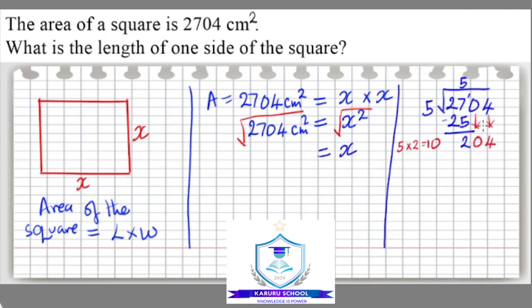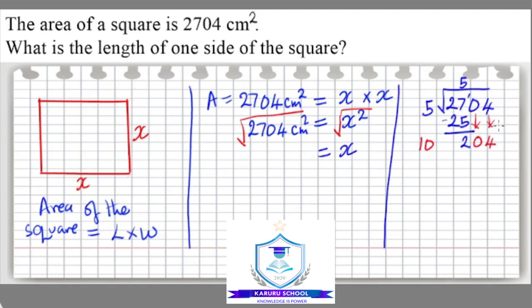So once we have that new number, 10, we ask ourselves, which number, if we add it to the divisor here and then multiply it by the new number, will give us a number close to 204.